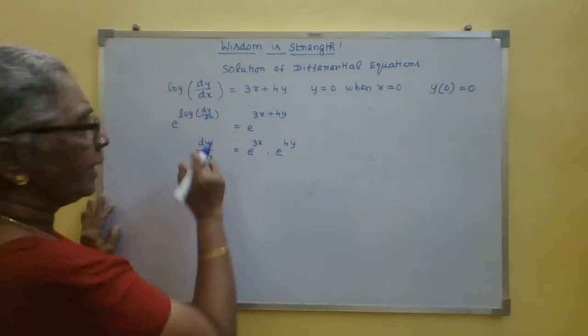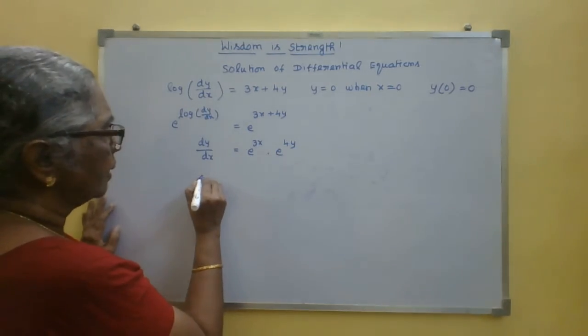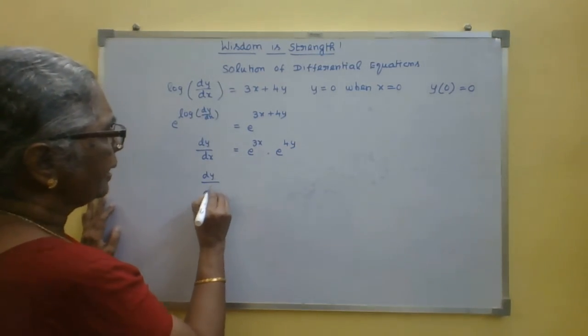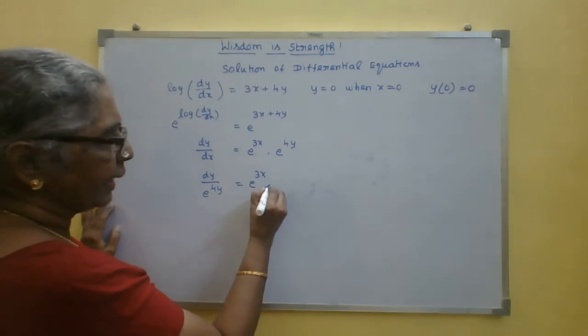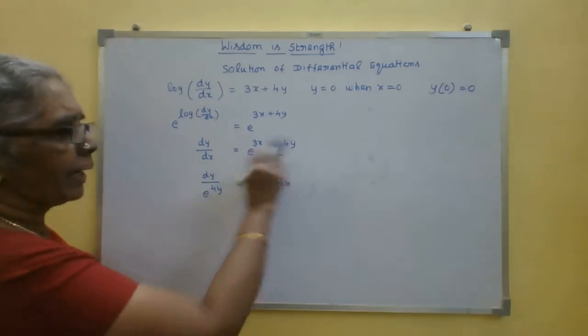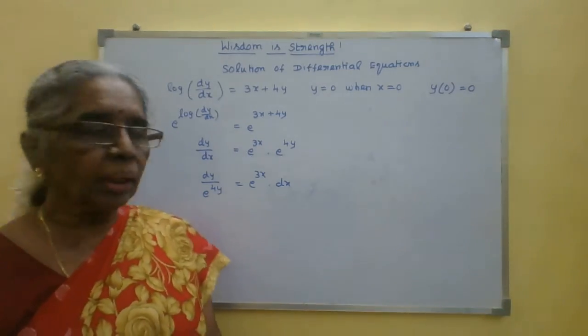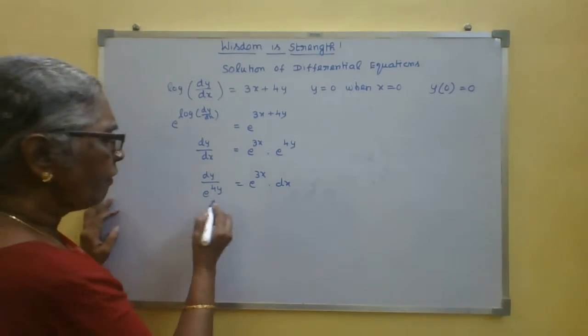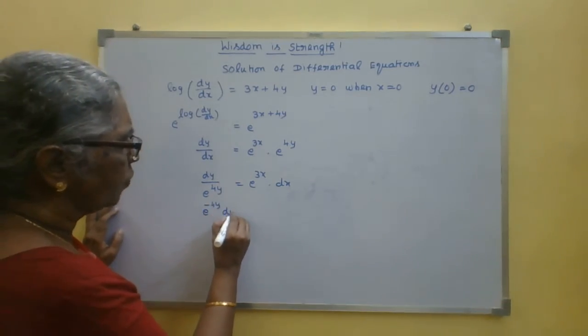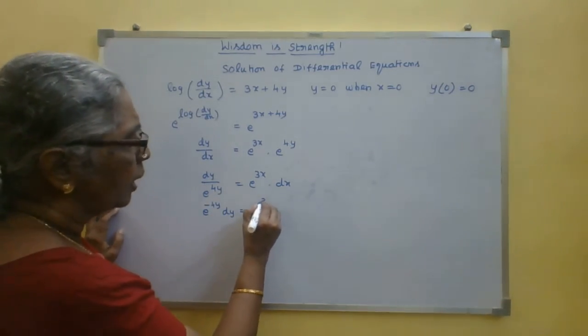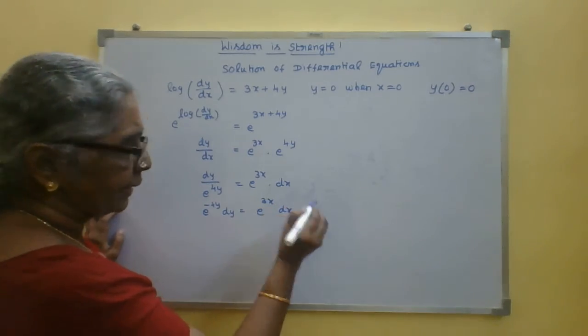You have dy here, bring this side. So dy by e power 4y, that will be e power 3x into dx. Bring this dx here. Now this e power 4y I can write in the numerator as e power minus 4y dy is equal to e power 3x dx.